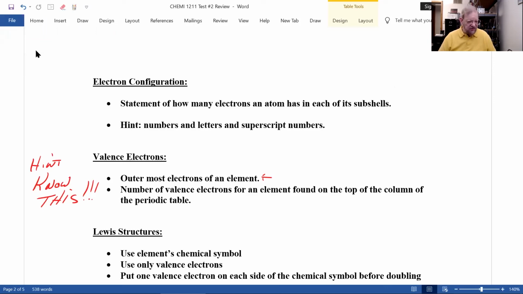And the other thing you should also know is the number of valence electrons for an element is found on the top of the column of the periodic table.